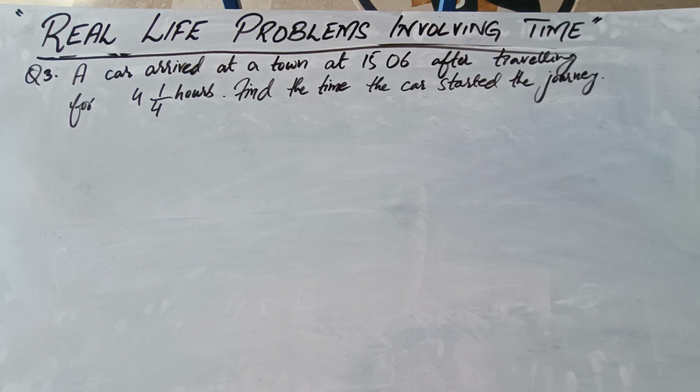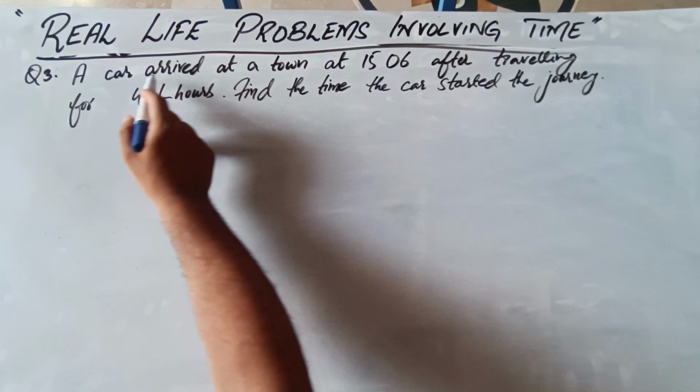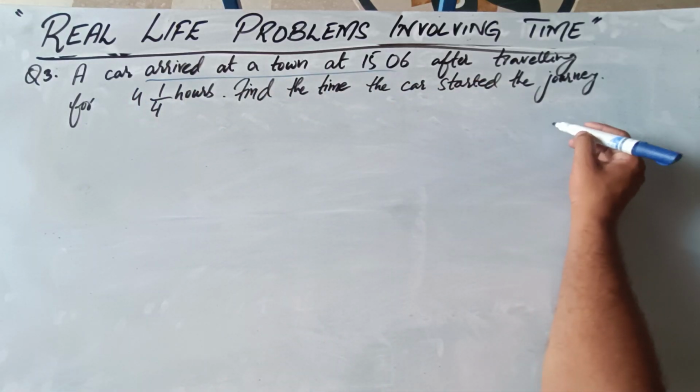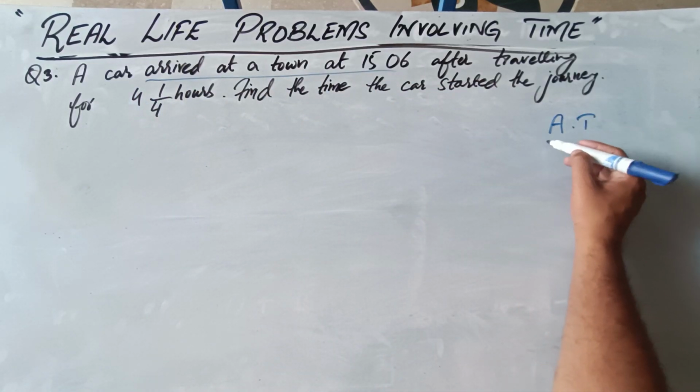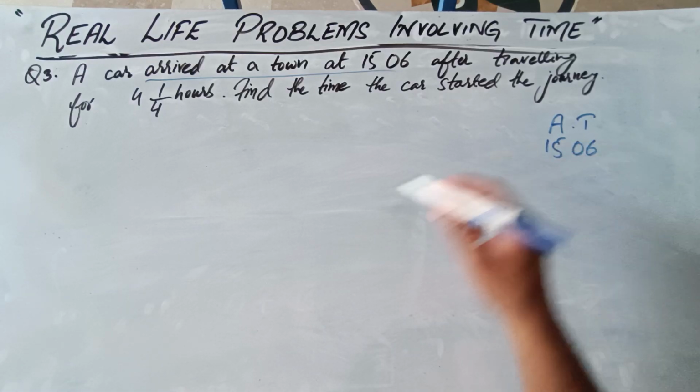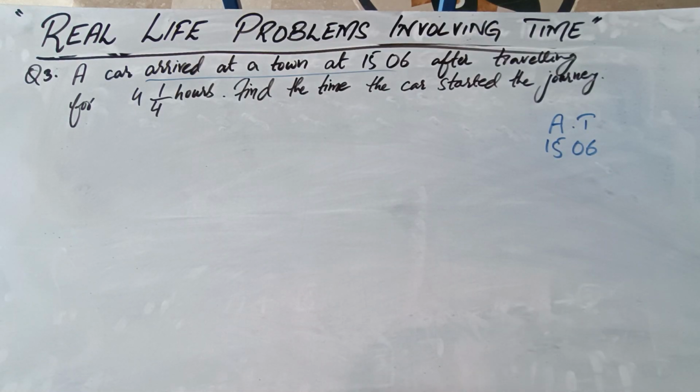Now let's understand the third question as well. The car arrived at its town at 15:06. Arrived at a town means the arrival time is given in the question, which is 15:06, 15 hours and 06 minutes.